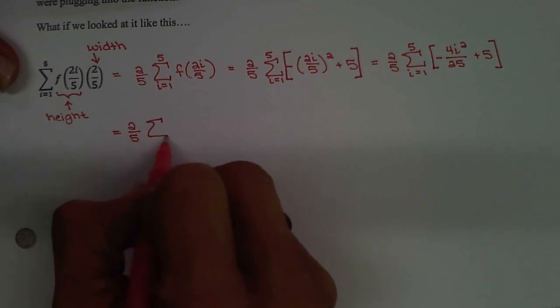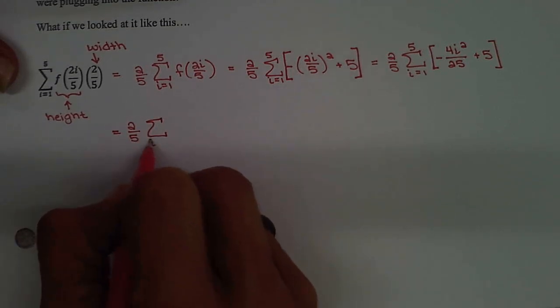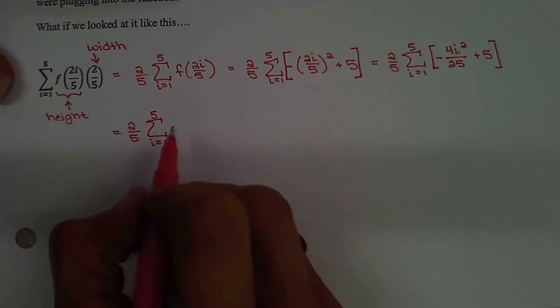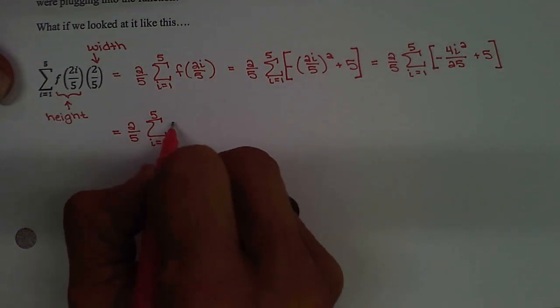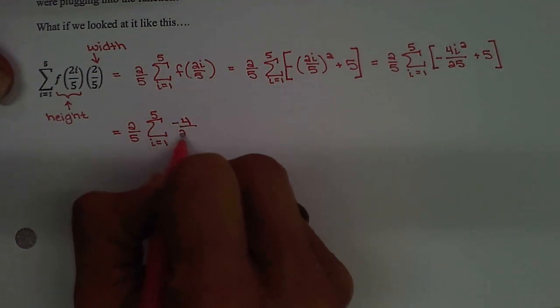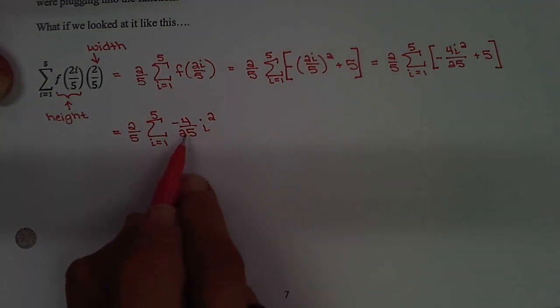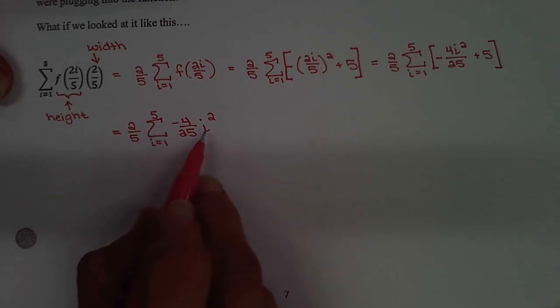I'm going to turn this into the summation from i equals 1 to 5. And here, instead of it being an i squared on top like this, let's think of it as negative 4 over 25 times an i squared. Because then this negative 4 over 25 can pull out in front and multiply by that formula that we had for i squared.